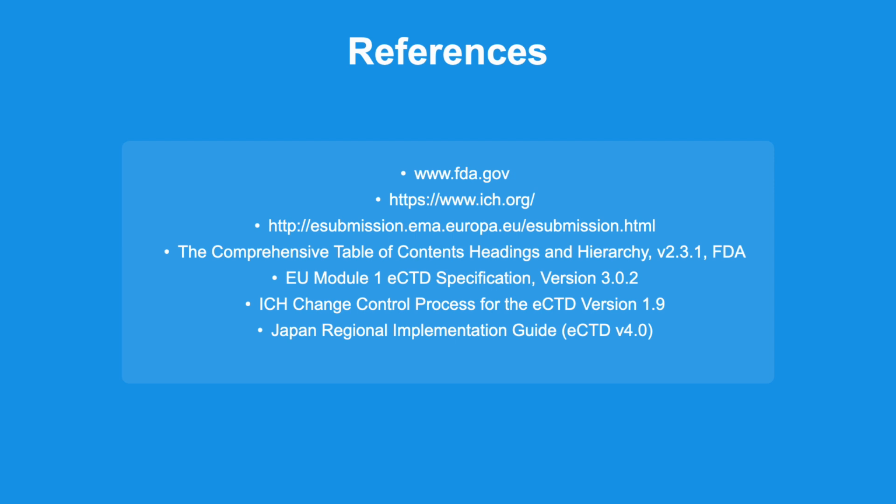The EMA eSubmission portal at esubmission.ema.europa.eu has European-specific guidance. You should download and familiarize yourself with the FDA Comprehensive Table of Contents Headings and Hierarchy version 2.3.1, the EU Module 1 eCTD Specification version 3.0.2, and the ICH Change Control Process for the eCTD version 1.9. For Japan-specific guidance, consult the Regional Implementation Guide.